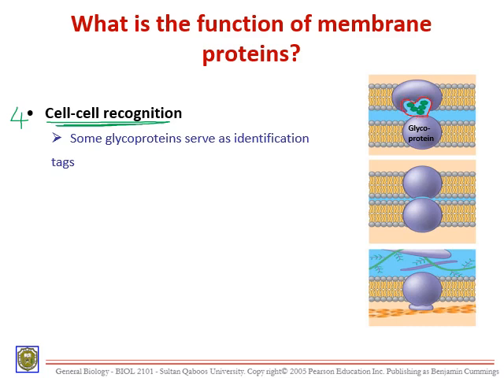In this case, this carbohydrate is a glycoprotein because it's bound to the protein. This is really important when you're fighting pathogens like bacteria and viruses, as we mentioned previously.